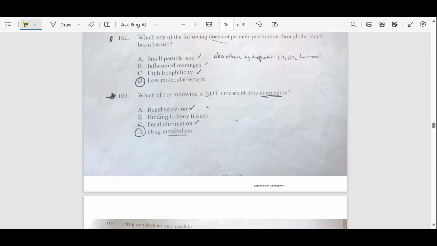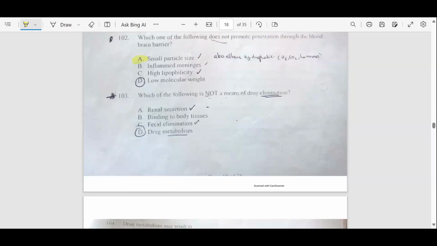Spiderman was saying maybe in the group chat that small particle size does not promote penetration. Another one is saying, "I don't think small particle size promotes penetration, because when we're mentioning particle size, it's more of when we're talking about dissolution.